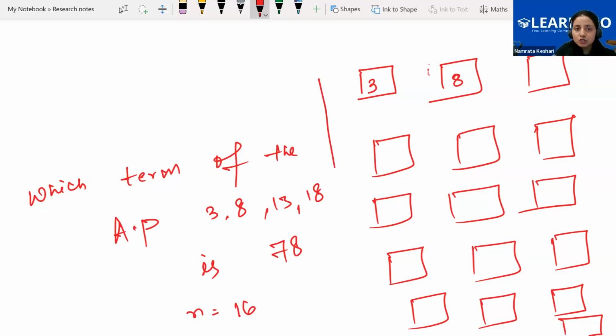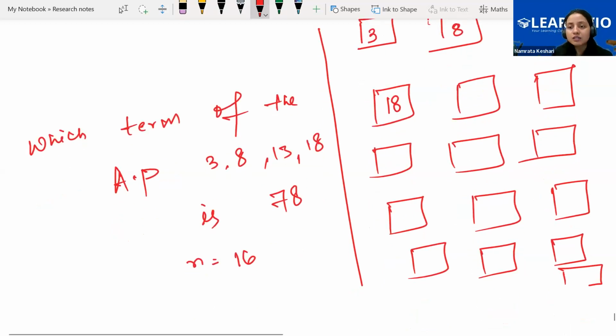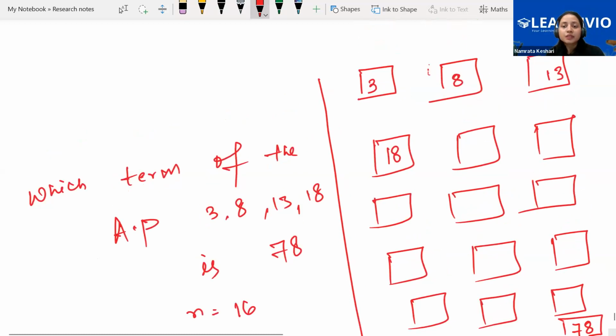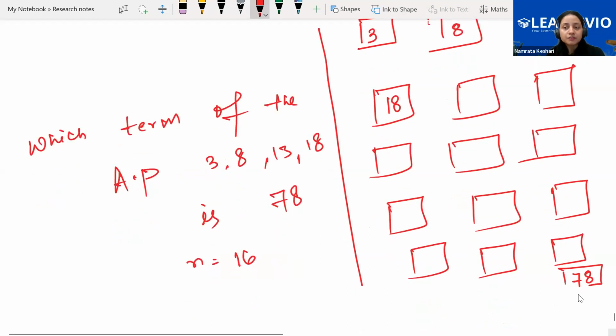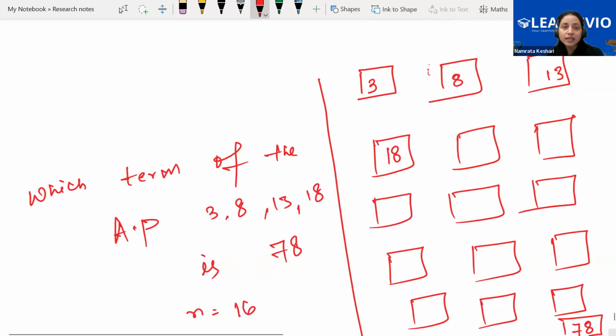Now if I give the same question another way, that 3 is there, 8 is there, then 13, then 18, and then blank spaces, and at last 78 is sitting. We already found that at the 16th place 78 is sitting, and here also at the 16th box I have written 78.